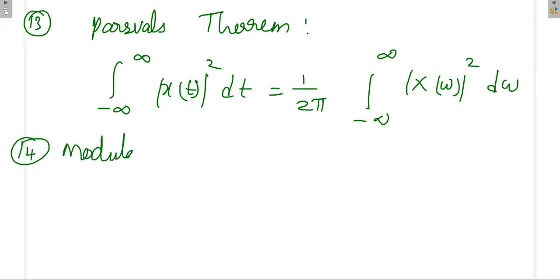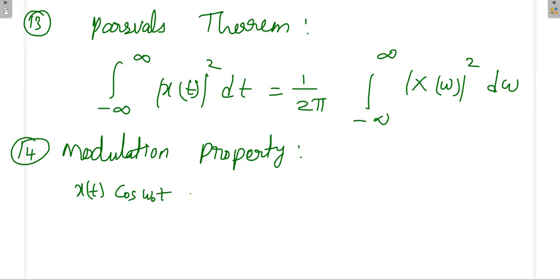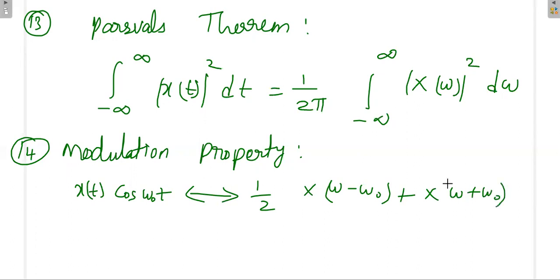Modulation property: x of t cos omega naught t Fourier transform pair 1 by 2 times X of omega minus omega naught plus X of omega plus omega naught.